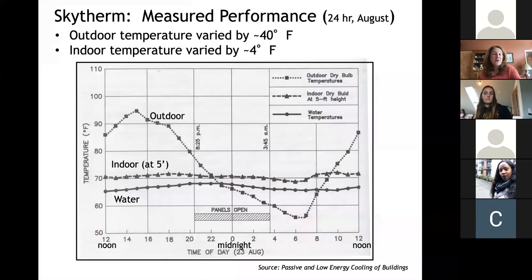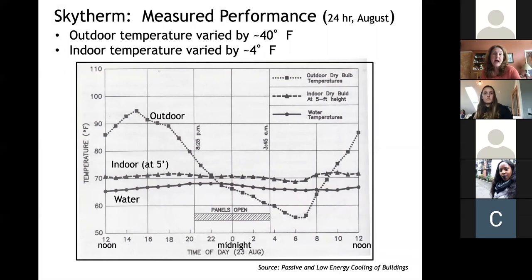And although this is not a very common system for a whole lot of reasons, I think people are very wary about putting so much water on your roof. It actually, in terms of thermal performance, these systems work really well. So here's a measured performance in the summer.